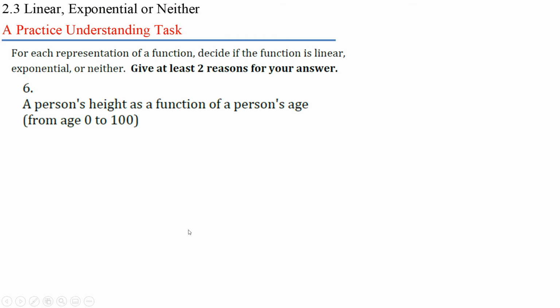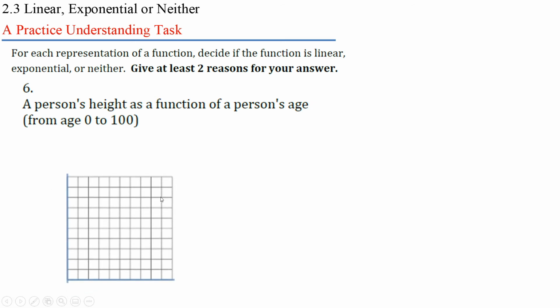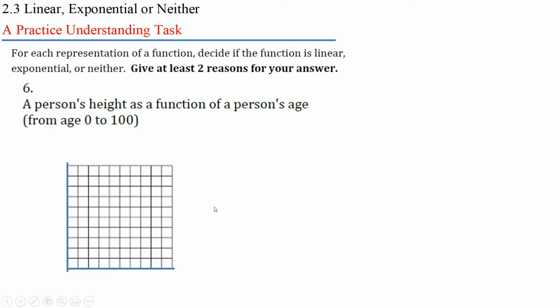A person's height as a function of a person's age from age 0 to 100. Now this is very general, so I had to model a situation in my world. So what I did is I'm going to graph the model of my son's height, and I'm going to go age in years and then height in feet.